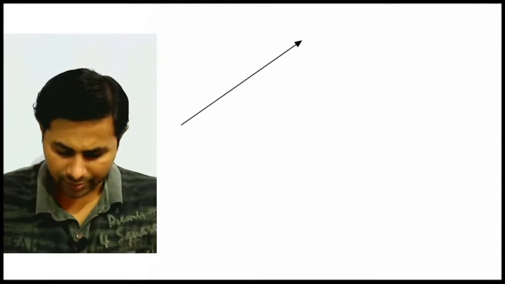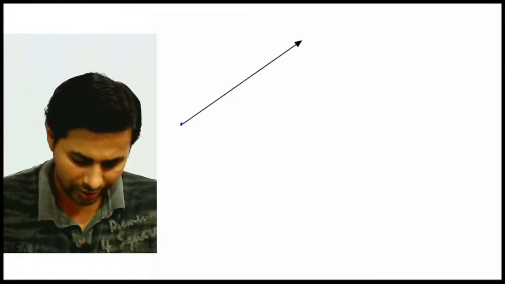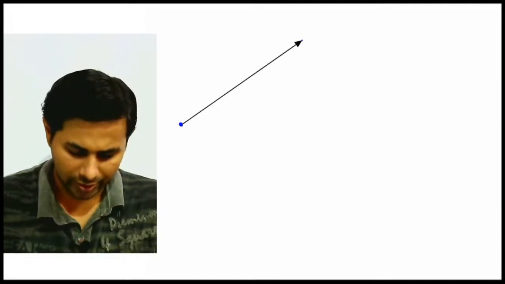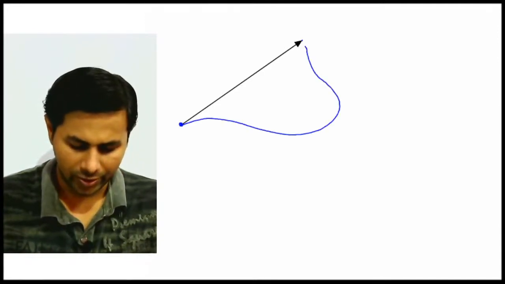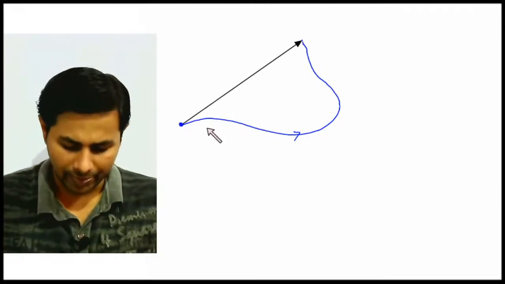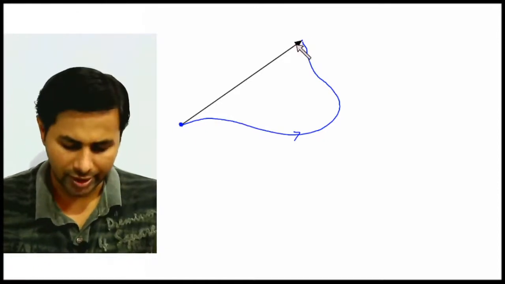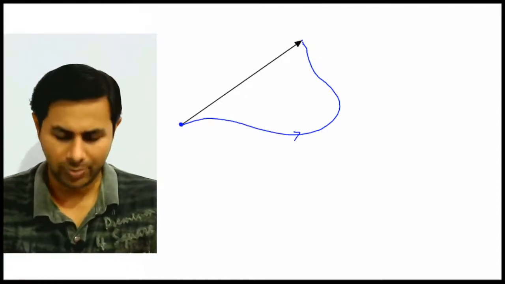So for an example, let's suppose some object moves from this point to this point and it may follow any path. So it might go along any path, but what is its displacement? It's the shortest distance between start point and end point.